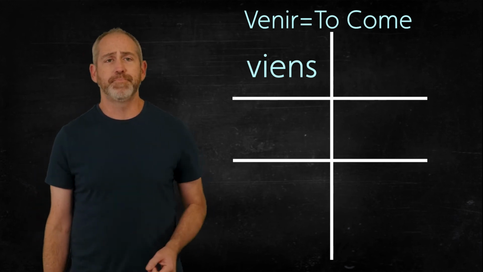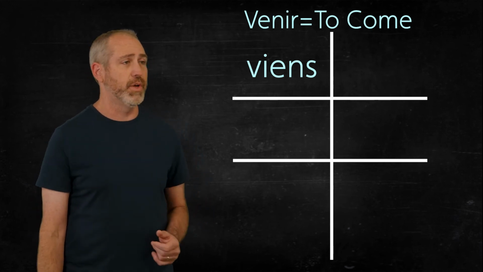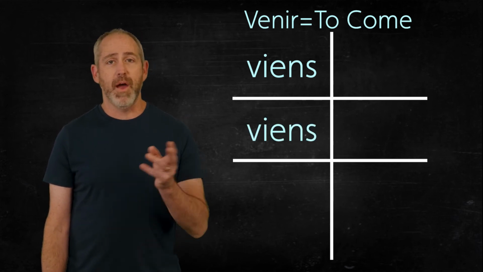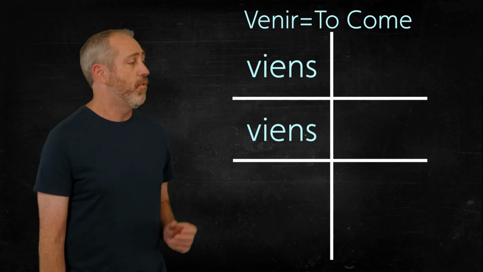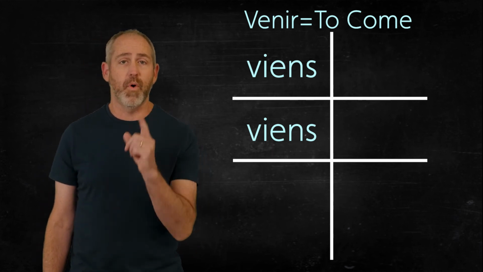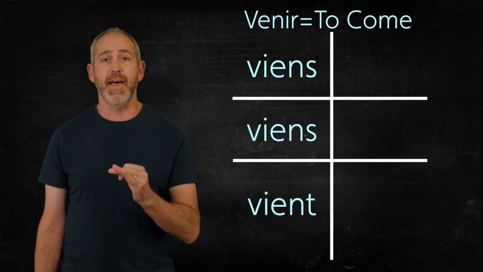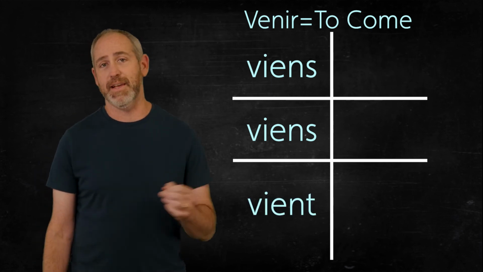But je viens, and the tu form is going to be the same thing. Viens also. And you're probably already guessing the il, elle, and on form are going to be the same except for, yes, the T. We're going to say vient with the T instead of the S.